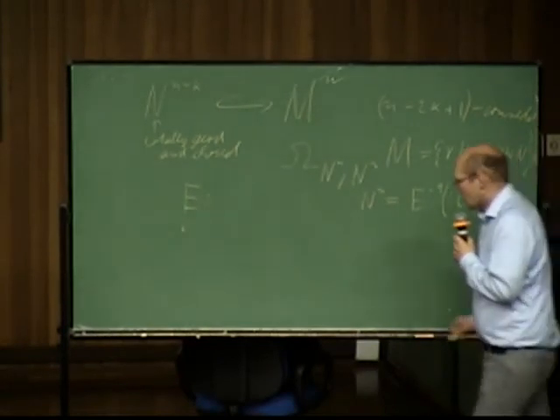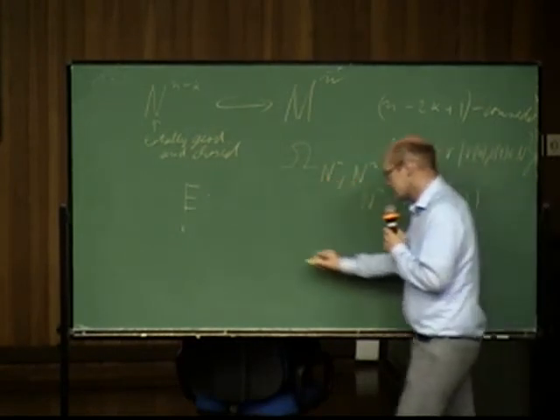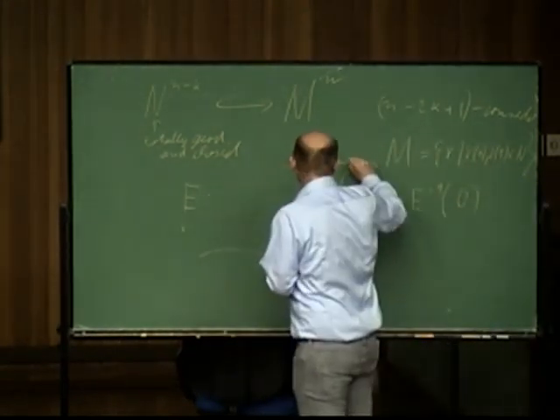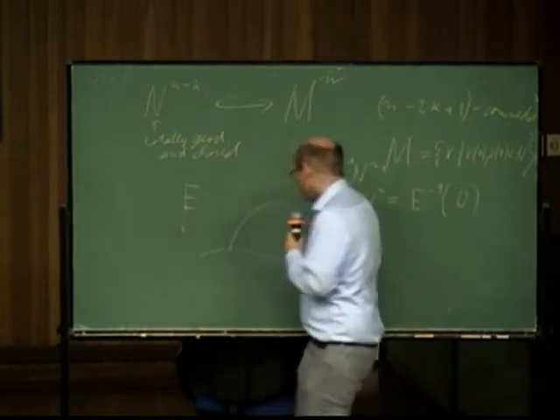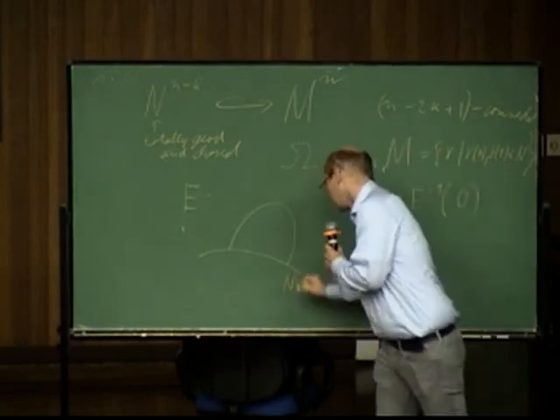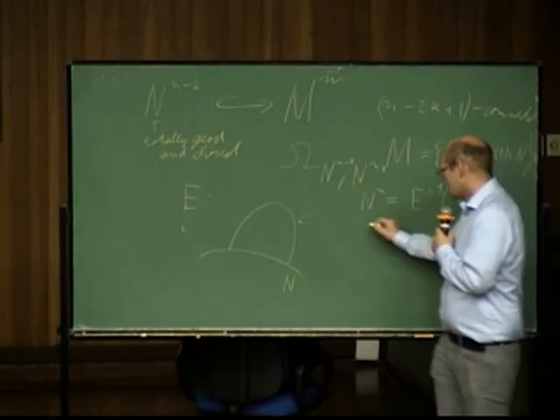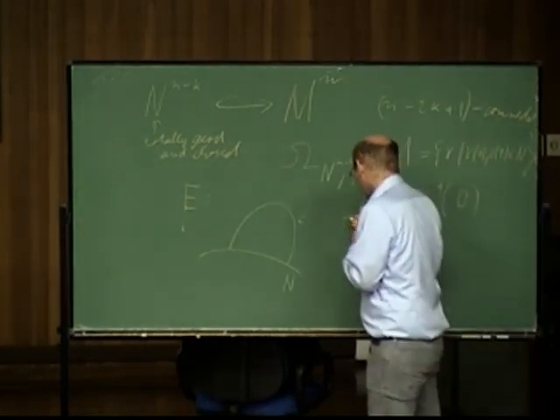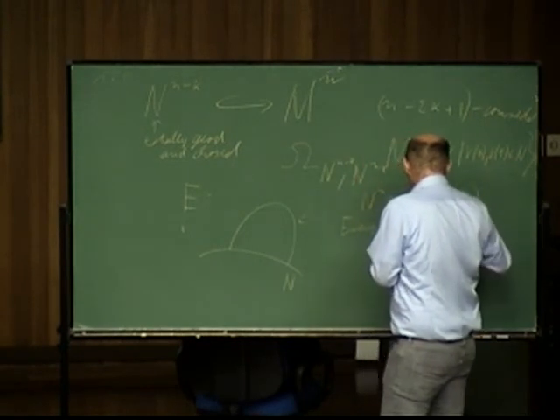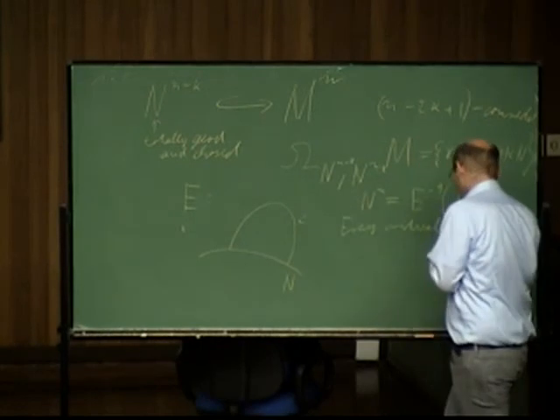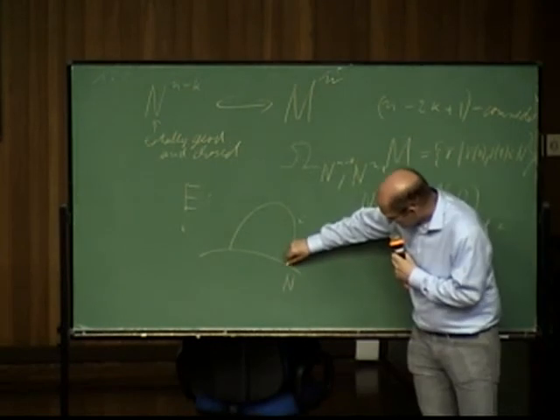Now the critical points of the energy function are geodesics that start and end perpendicular to N. So that's a critical point, and every critical point of positive energy satisfies that it is such a geodesic.